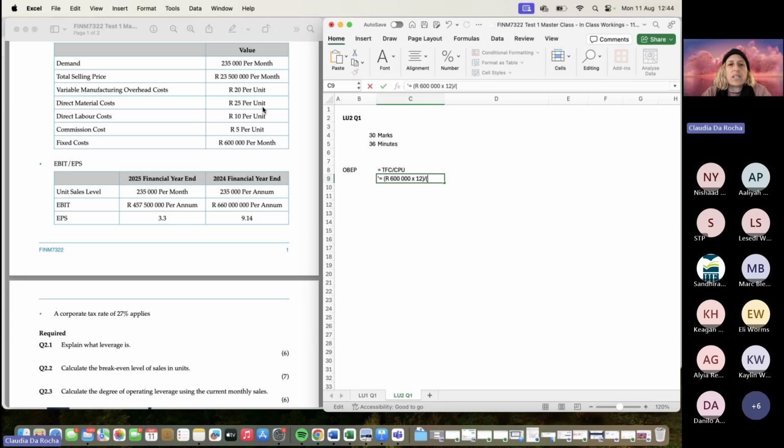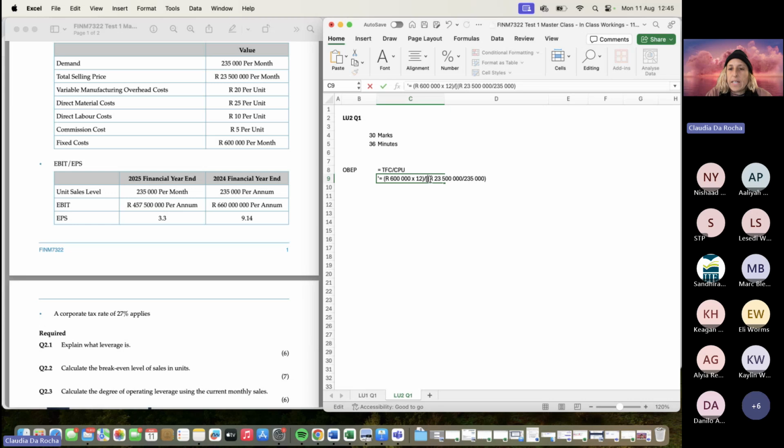Because they haven't given us the per unit amount, we have to calculate it, because remember, our contribution per unit is always per unit. So we have to say the 23 million divided by the 235,000, the demand. Okay, so that's actually not rands, it's the demand.